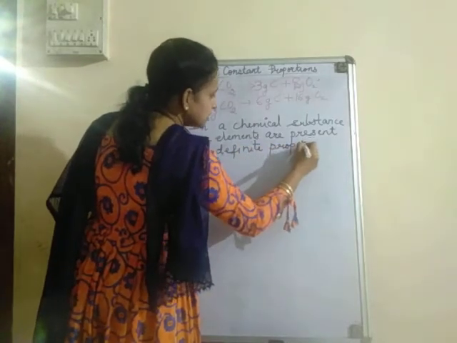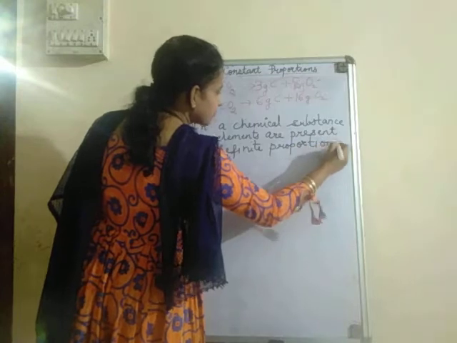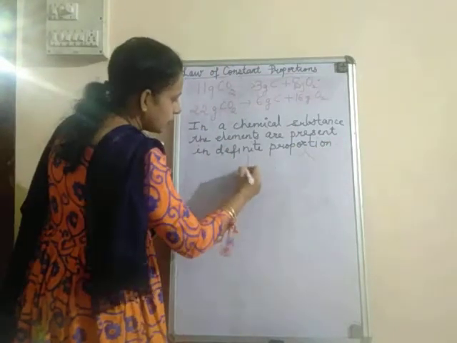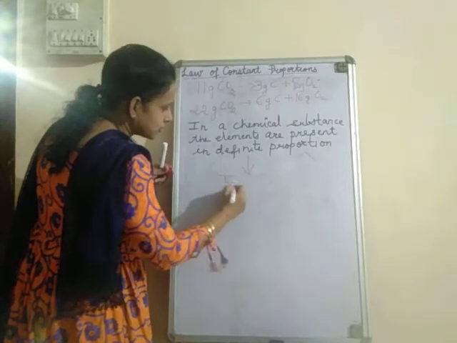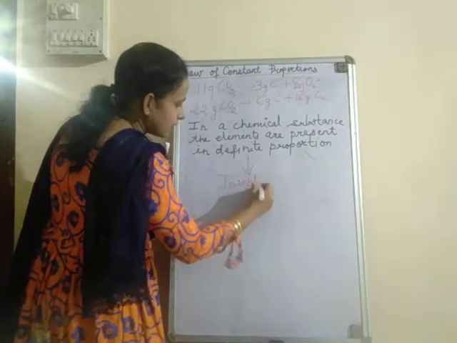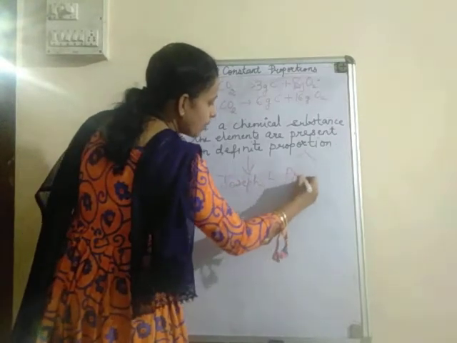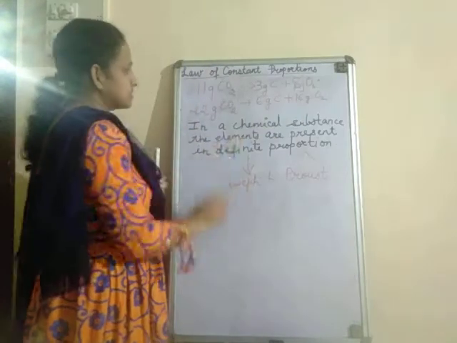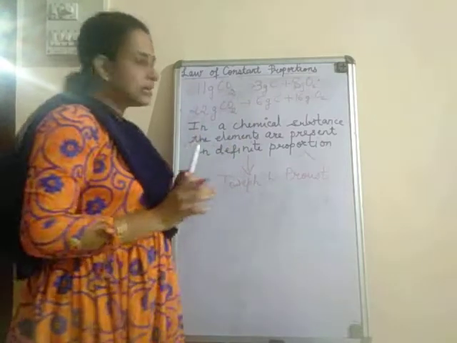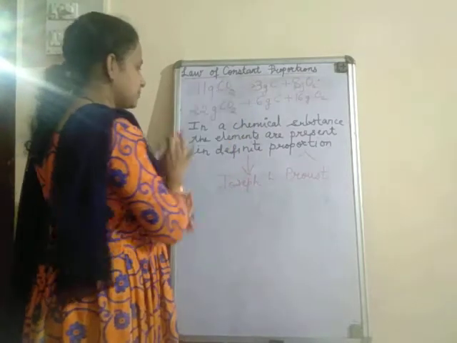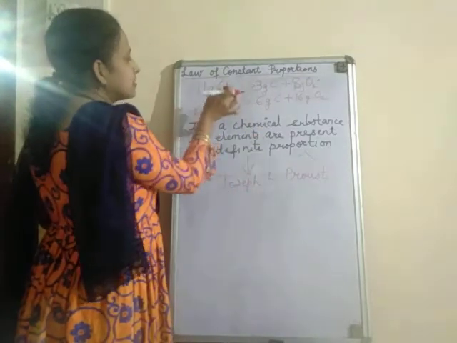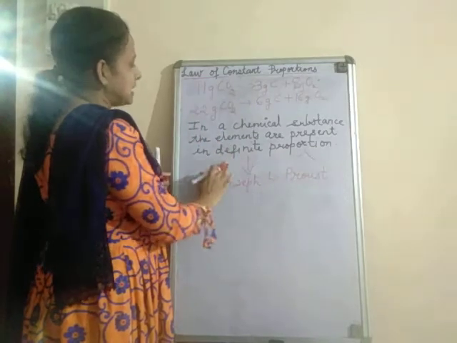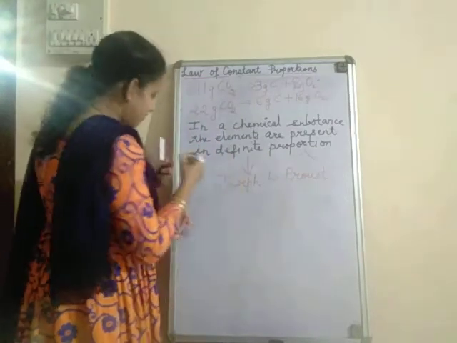So this law was given by Joseph L. Proust, who said that in a chemical substance, suppose here we have taken carbon dioxide, so this is the chemical substance. The elements here, carbon and oxygen, are always present in definite proportion by mass.